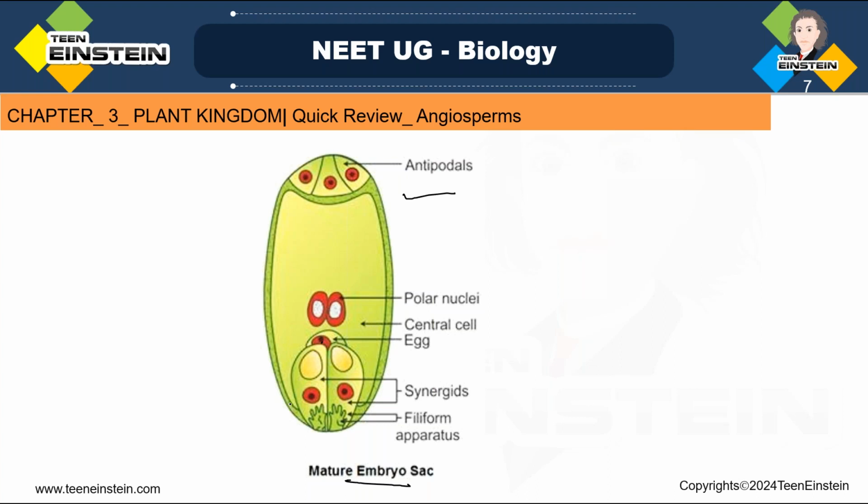The cells I showed you in the previous one, these are the synergids, and the middle one is the egg. See here you can see the egg, and these are the synergids. And here you can see one apparatus which is called the filiform apparatus, which has a particular function. And these are the polar nuclei. And here you can see the antipodal cells. So this diagram is very, very important for you.